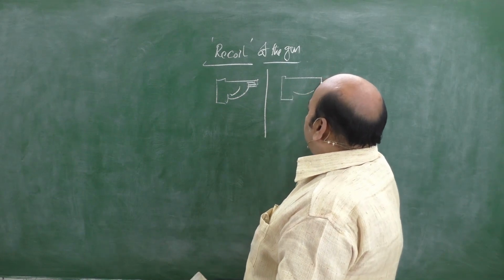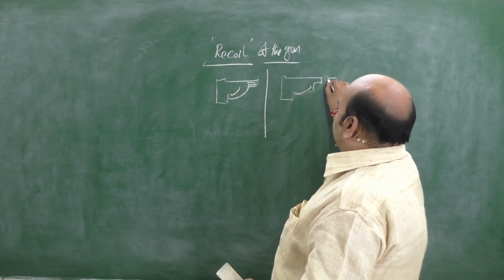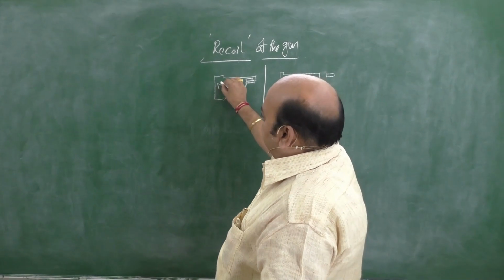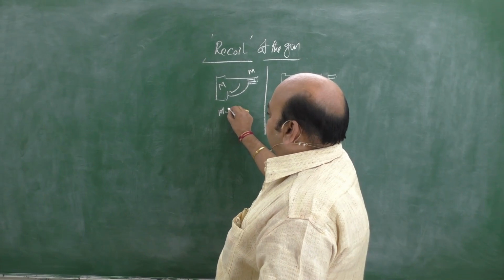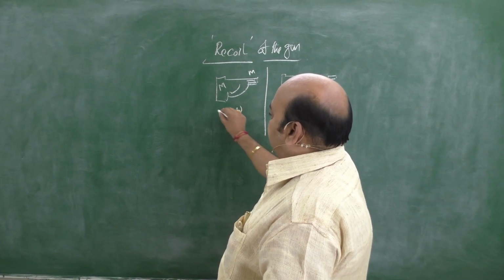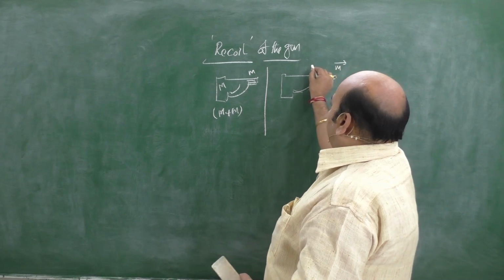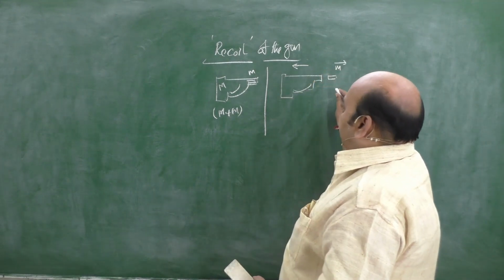Now, this bullet was delivered. This comes out. So, in this case, mass of the gun is capital M and mass of the bullet is small m, they are together. As a result, capital M plus small m is the total mass. But here the bullet moves forward, whereas the gun recoils back.